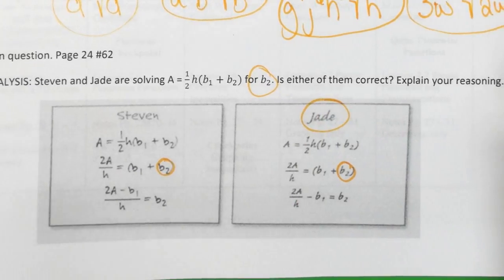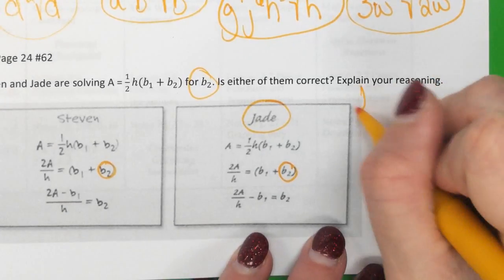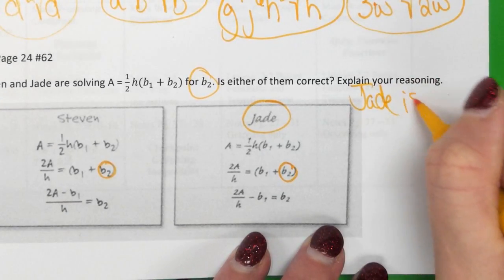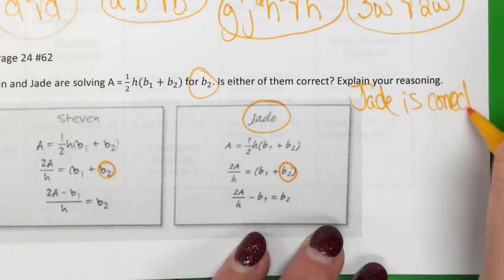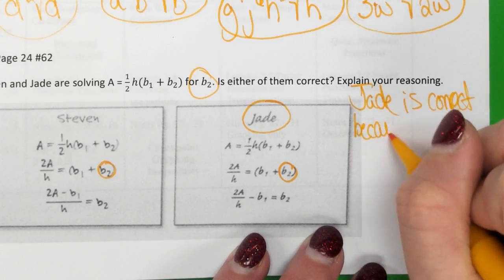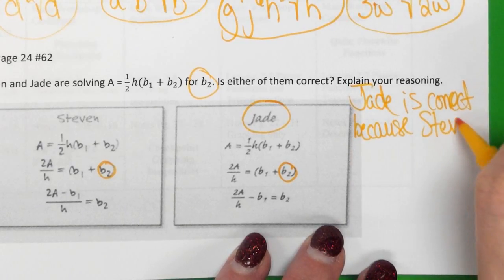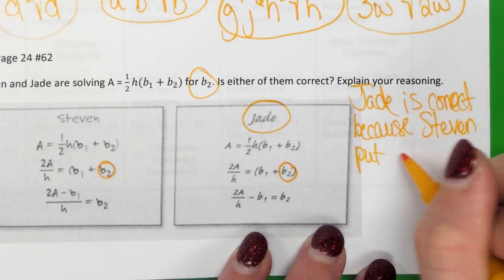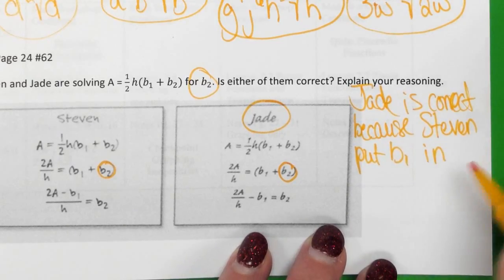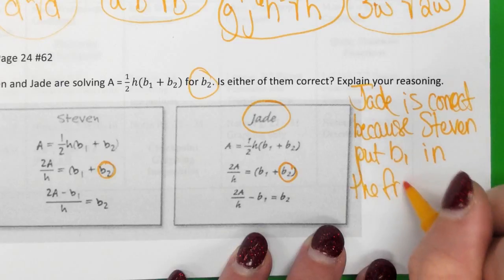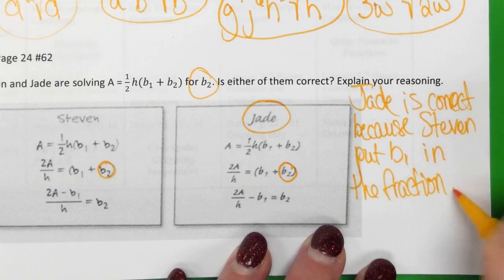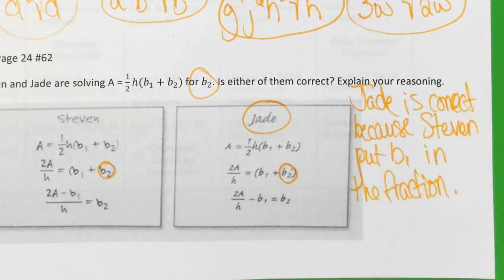So Jade is correct. Because Stephen put B sub 1 in the fraction. Is that good? Anybody lost?